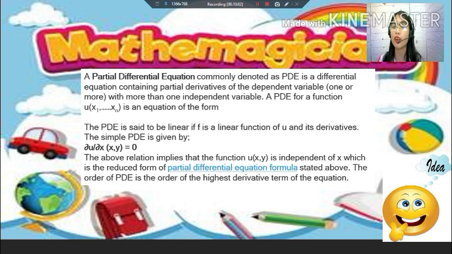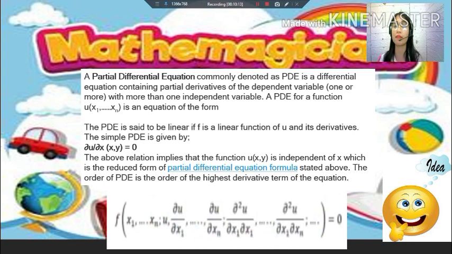A PDE for a function u of x sub 1 to x sub n is an equation of this form. The PDE is said to be linear if f is a linear function of u and its derivatives. The simple PDE is given by this one.